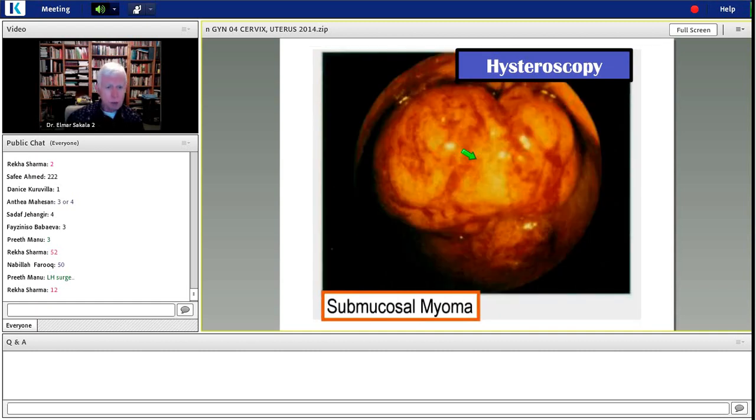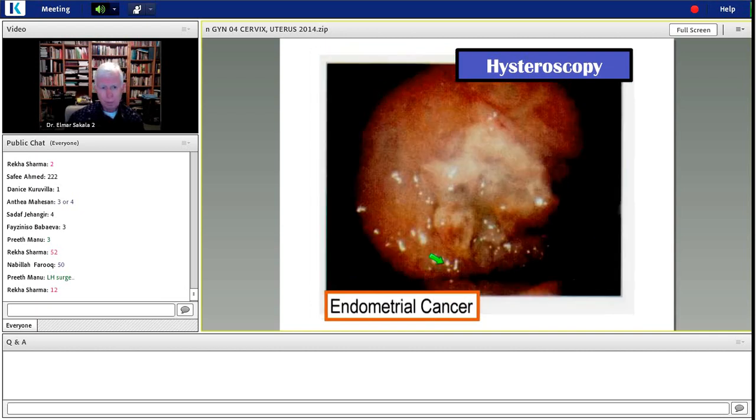Now here we've got something which is almost completely filling the endometrial cavity, but you can see it is clearly demarcated. See that? It has a very discrete edge. That's not cancer. Cancer does not have a discrete edge. This is more consistent with a submucosal leiomyoma, which could have bled. Here is endometrial cancer.